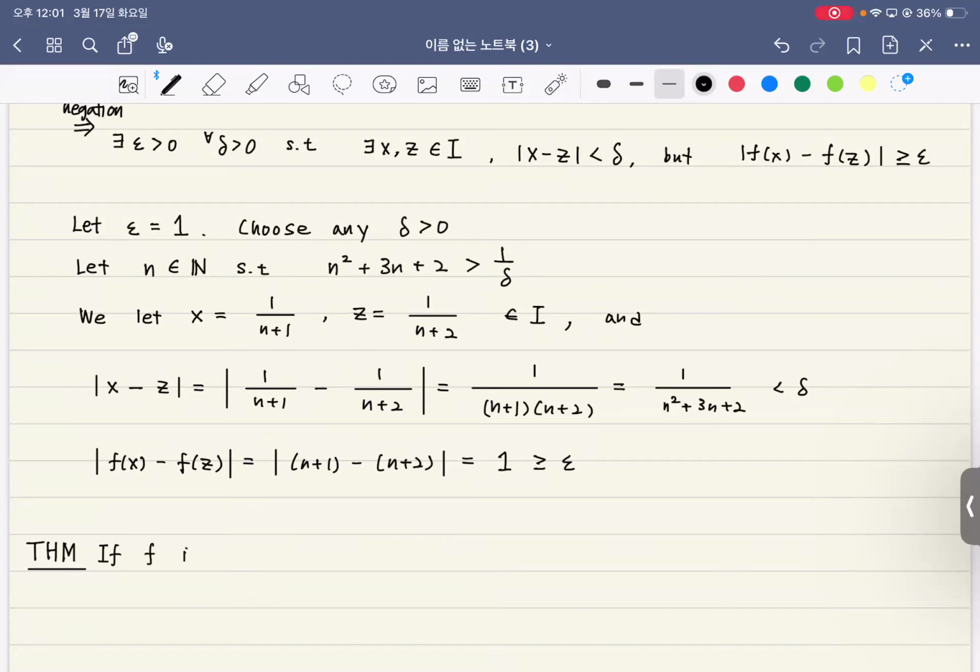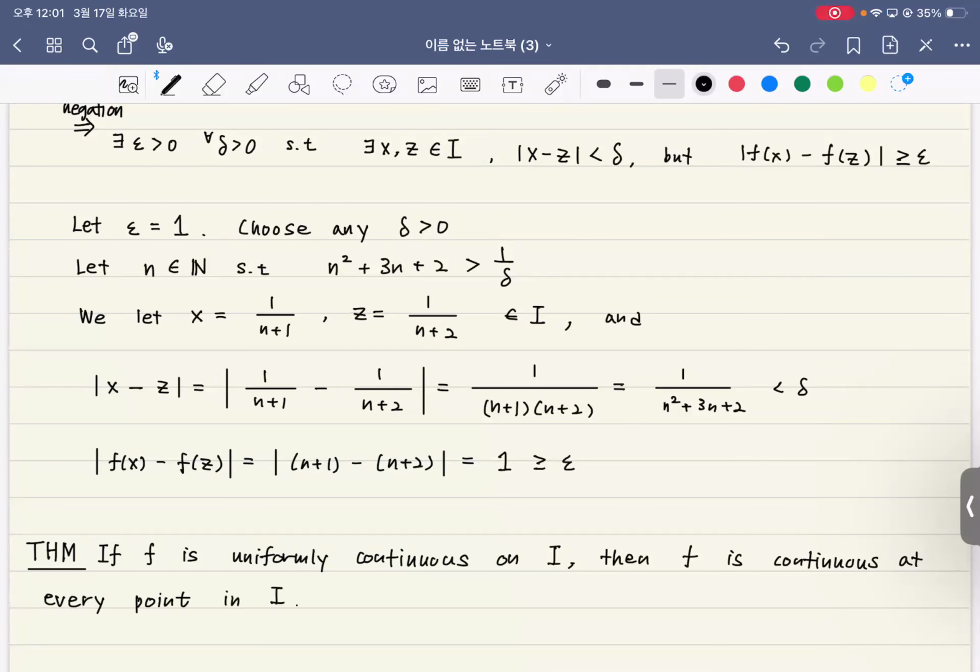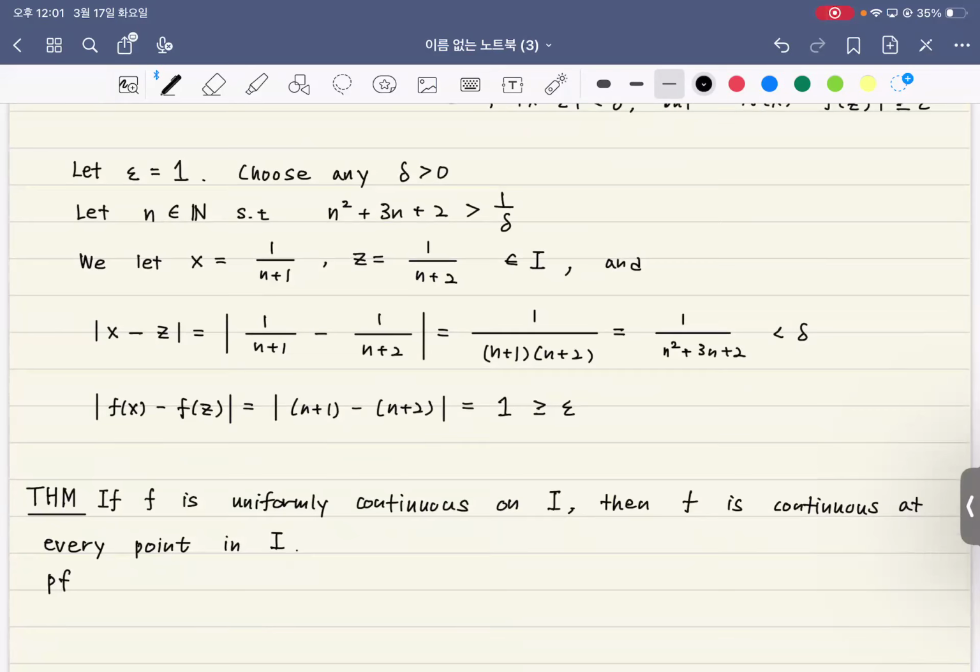If f is uniformly continuous on the interval I, then f is continuous at every point in I. The proof is clear.